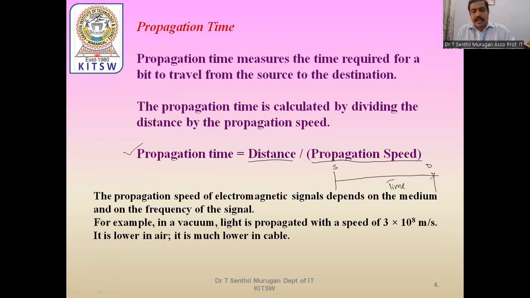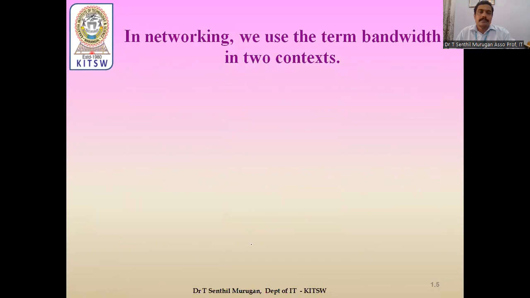For example, in a vacuum, light is propagated with a speed of 3 times 10 power 8 meters per second. It is lower in air, and much lower in cable. So this is the propagation.